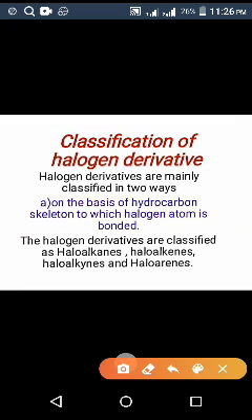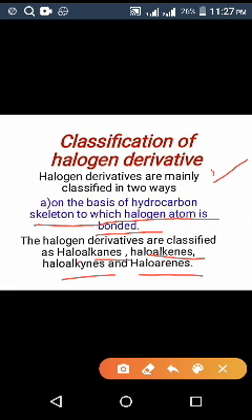Next point is classification of halogen derivatives. Halogen derivatives are mainly classified in two ways. The first is on the basis of the hydrocarbon skeleton to which the halogen atom is bonded. That hydrocarbon skeleton may be of alkane, alkene, alkyne or arene.